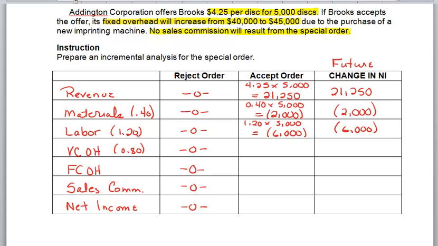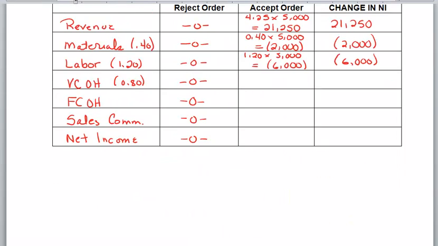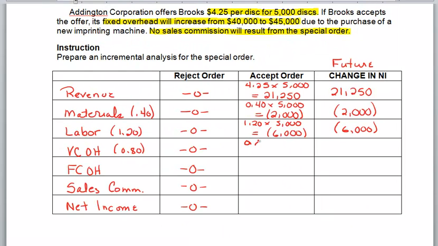And again, I'm just getting these cost per units from above here. So 80 cents times 5,000 discs. I would have new cost of 4,000. That would decrease net income by 4,000 in the future.